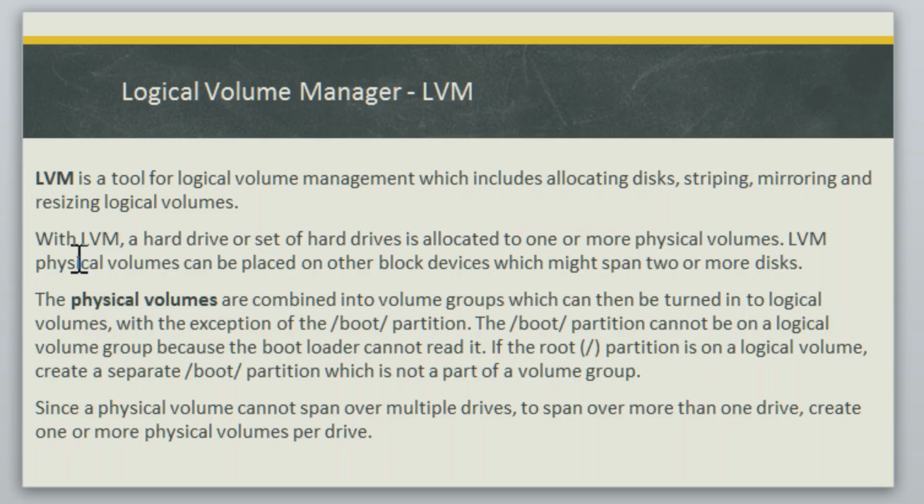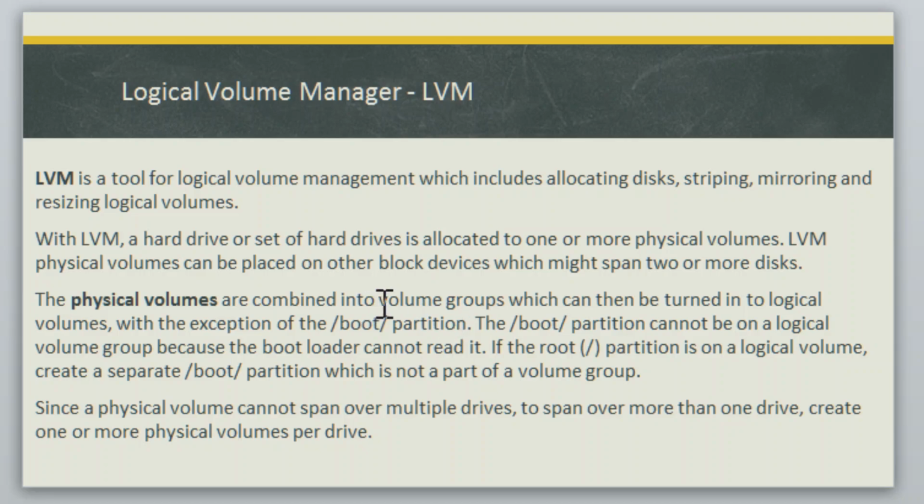So with LVM, a hard drive or a set of hard drives is allocated to one or more physical volumes. LVM physical volumes can be placed on other block devices which might span 2 or more disks. The physical volumes are combined into volume groups, which can then be turned into logical volumes.